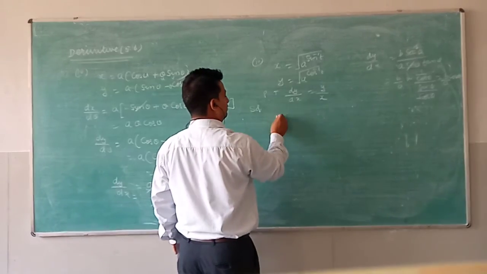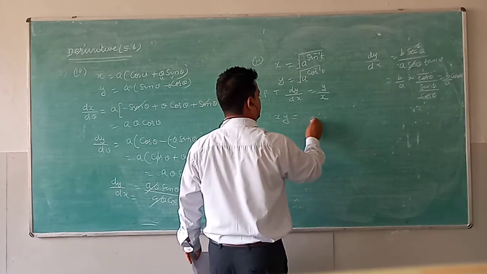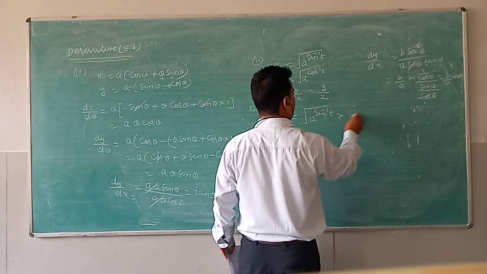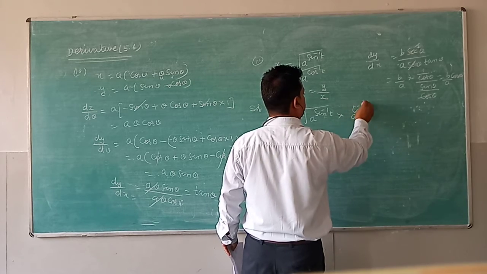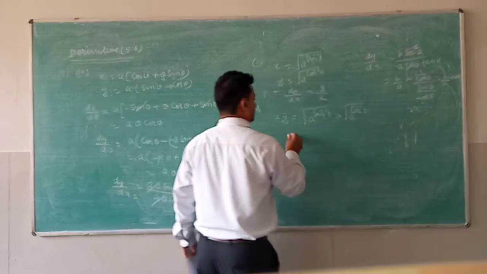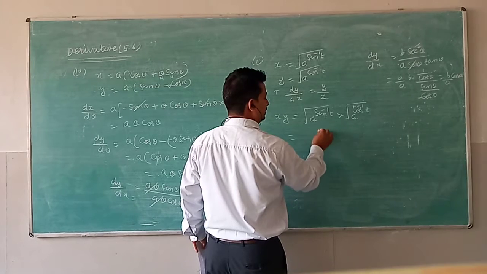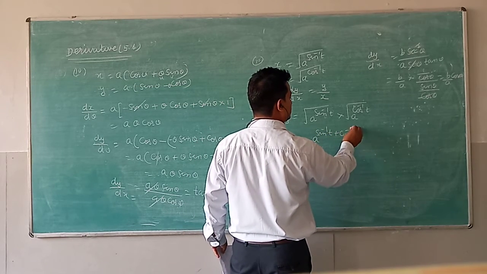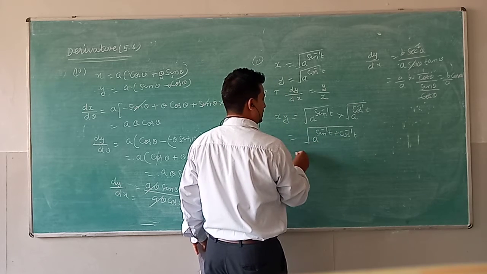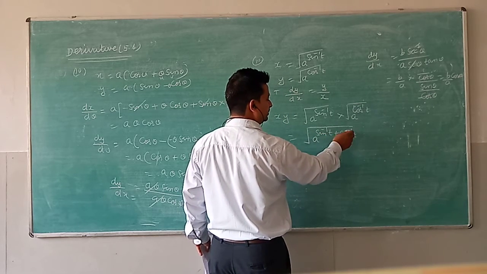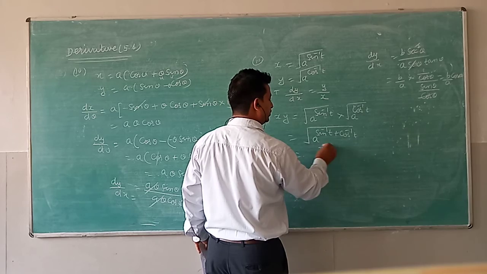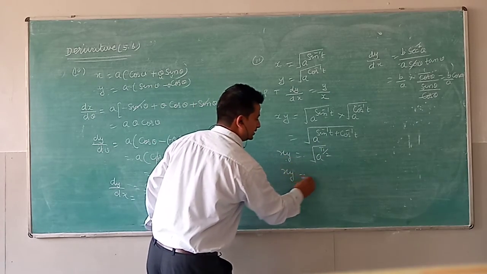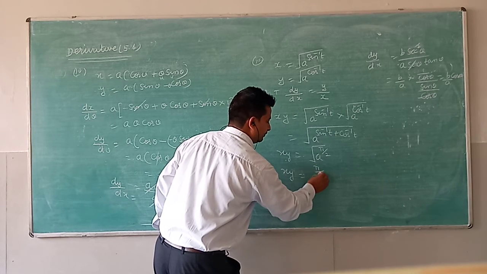For this, multiply these two terms, that is a to the power sin inverse t into a to the power cos inverse t. As we know, these two bases are the same, so this is a to the power sin inverse t plus cos inverse t. As we know, sin inverse t plus cos inverse t is pi upon 2. This is xy. So xy is a to the power pi by 2.